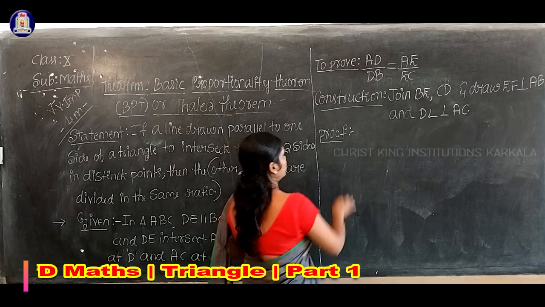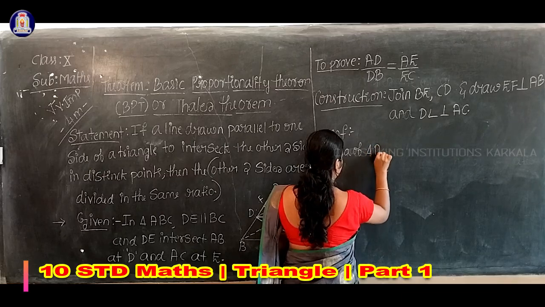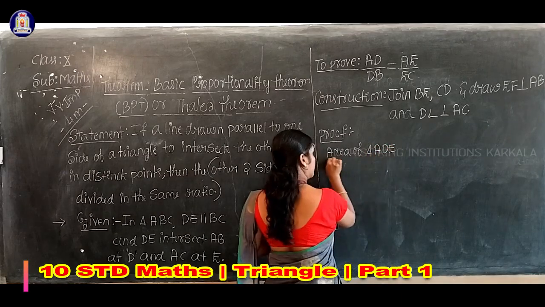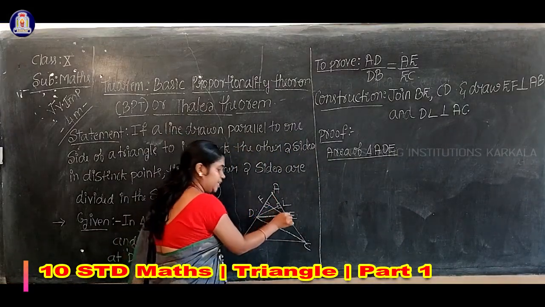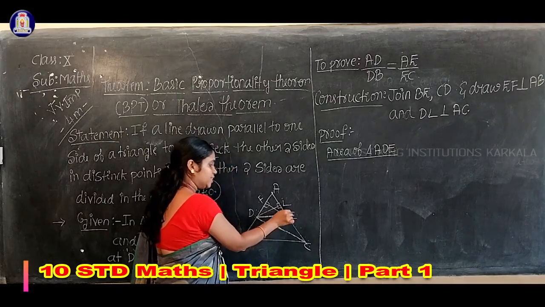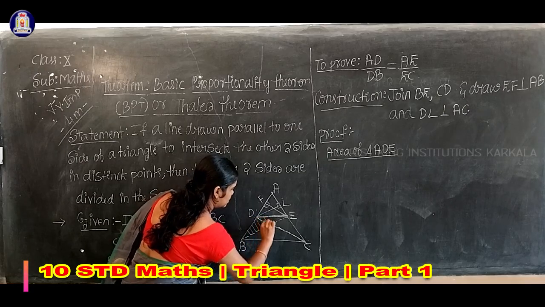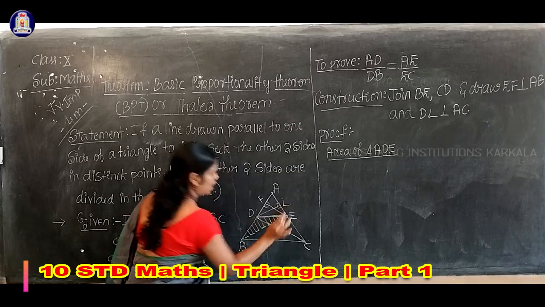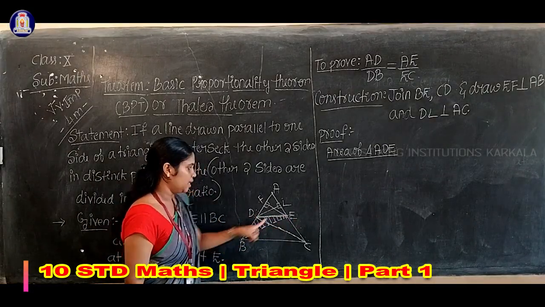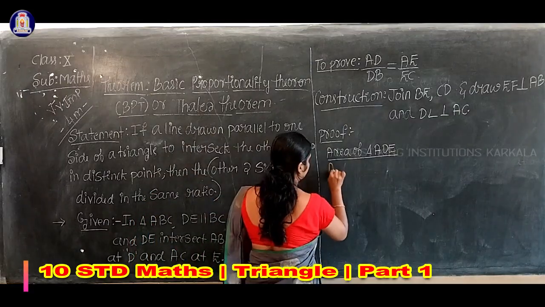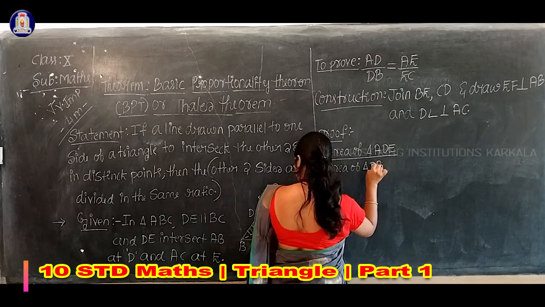So area of triangle ADE by area of triangle DBE.